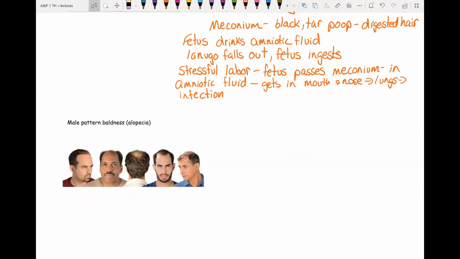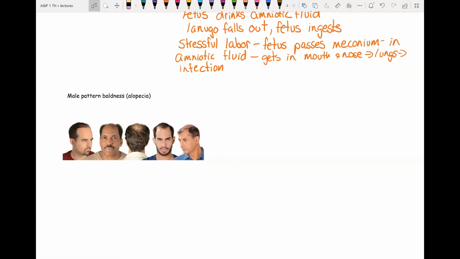All right, then the last one here, male pattern baldness. So both men and women can go bald, but it is more common in men than in women. And there are several factors that go into this.